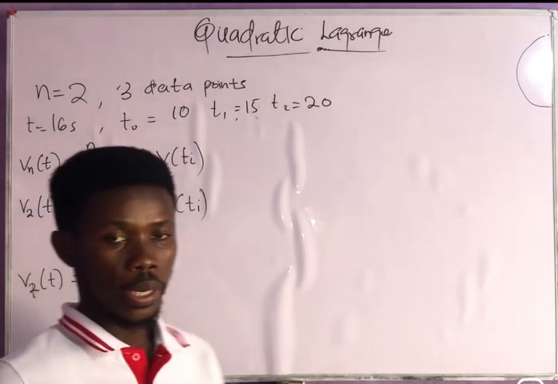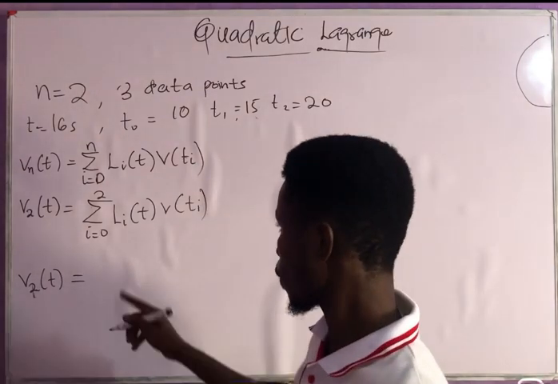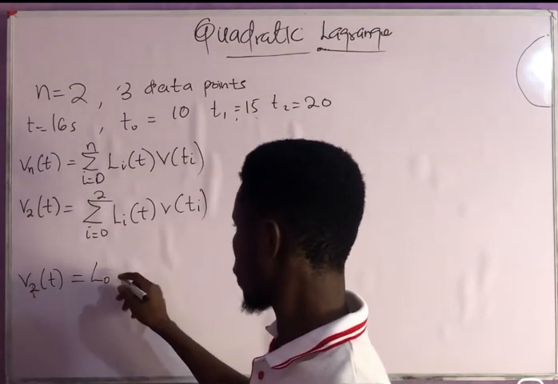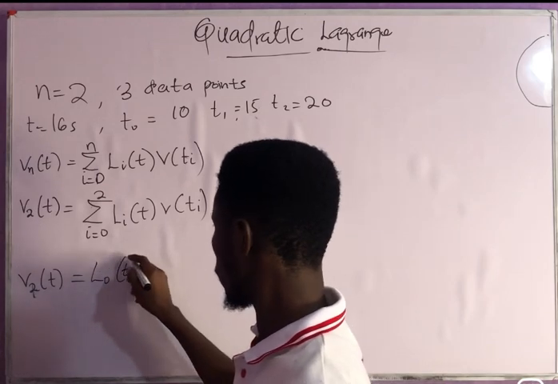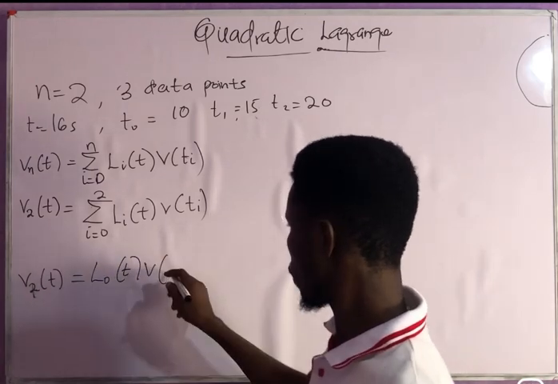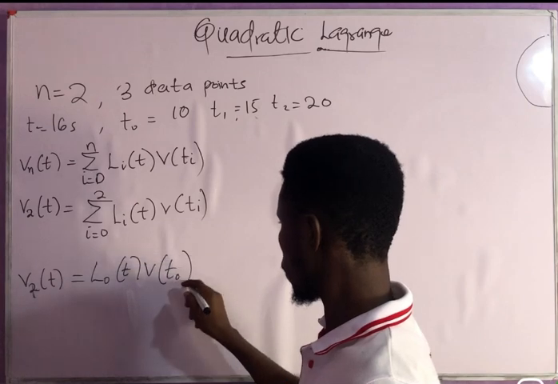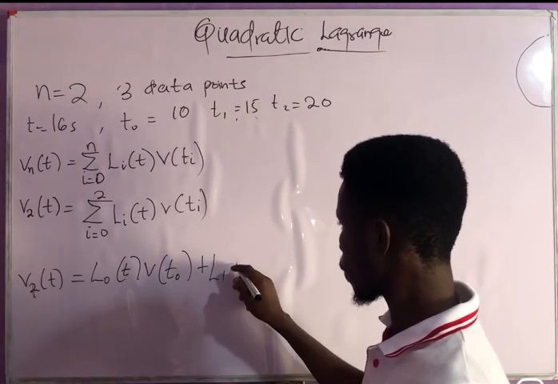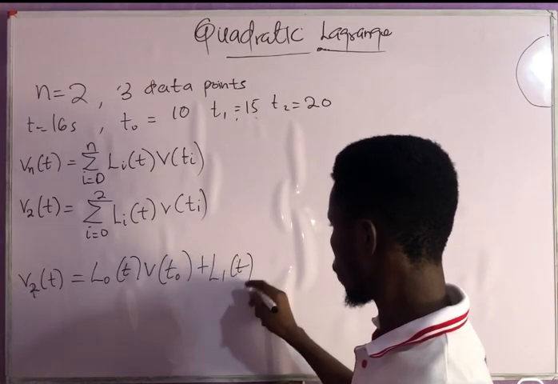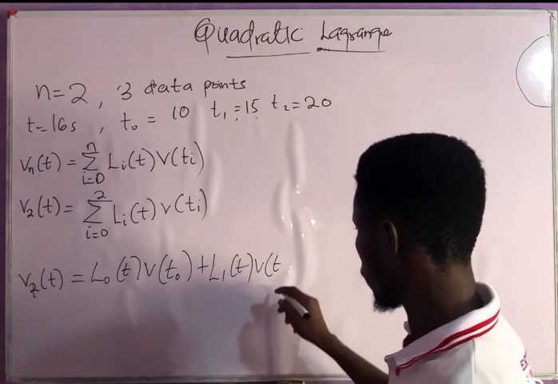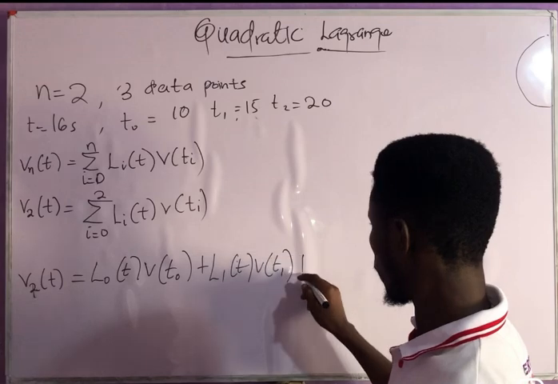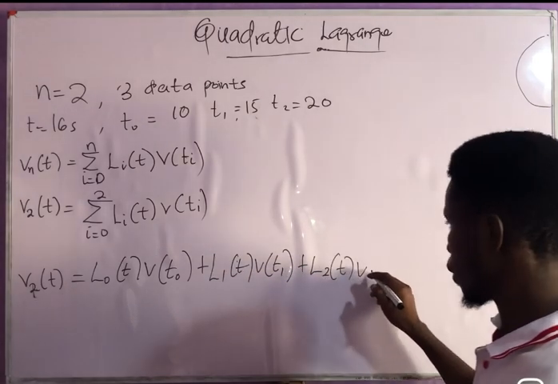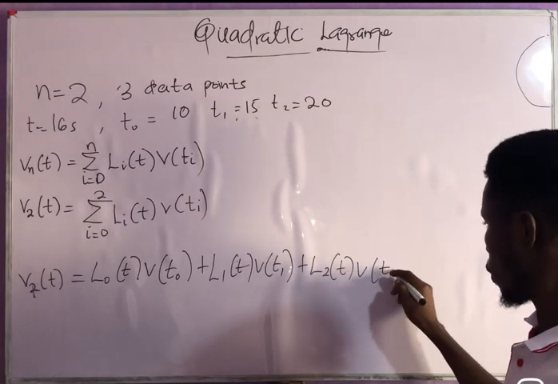We can write this one as, starting from L0, so i is 0, L0(t) v(t0) plus L1(t) v(t1) plus L2(t) v(t2).